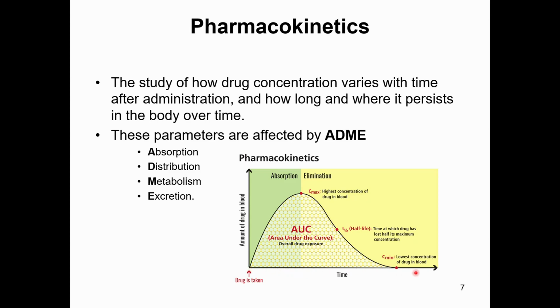So on the x-axis is time, and on the y-axis is the amount of the drug. Oftentimes this is measured in blood because blood is very easy to get, right? If it's a lab animal or a human, you administer the drug, and then at discrete time intervals, you withdraw blood samples and measure how much drug is in the bloodstream.